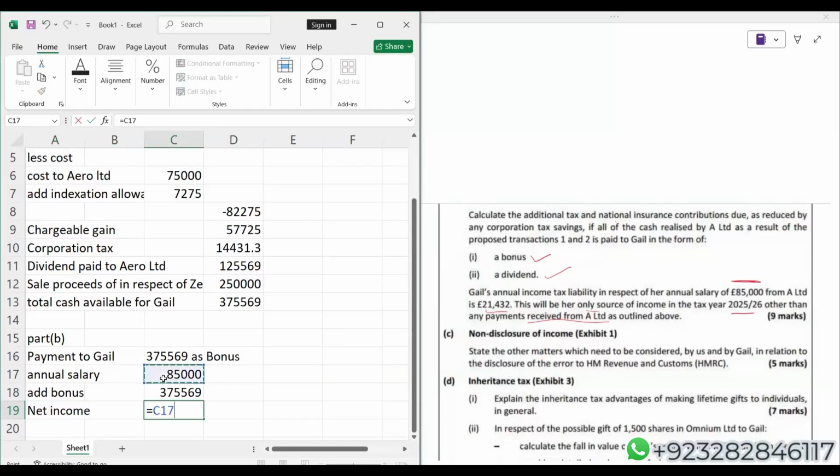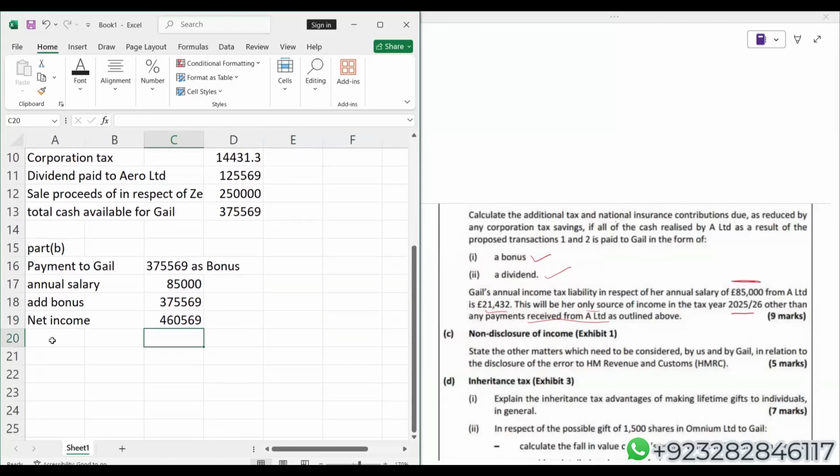Can I say this net income is more than 1,25,140? So there will be zero personal allowance. Am I right? Less personal allowance.